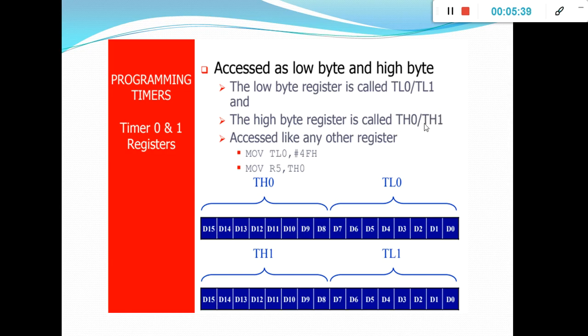The size of these registers TH0, TH1, TL0, TL1 is 8 bits. So whenever you want to use these timers in the 8-bit 8051, you have to use them in terms of TL and TH. These TL and TH registers can be used like the other registers, such as the A register, B register, and R0, R1 up to R7 registers.